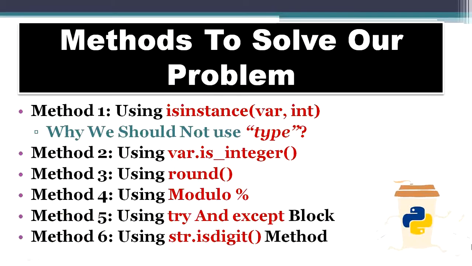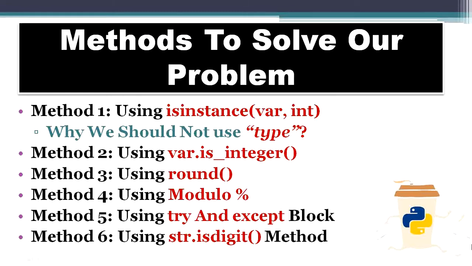Now the methods that we are going to use to check if the variable is an integer or not are the isinstance method. We will also discuss why we should not use the type function to check if a variable is an integer or not. Then we move on to discuss the isInteger method.